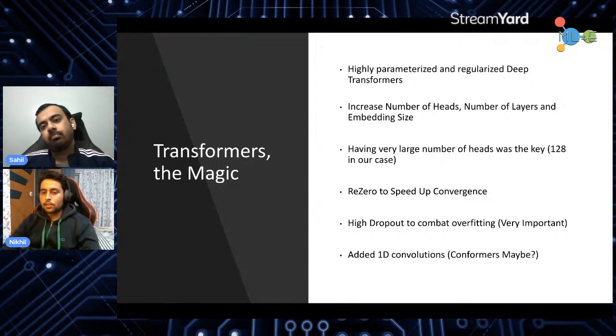So I'll quickly talk about the main components of our transformers. Our transformers were highly parameterized and regularized deep transformers. Highly parameterized means it had a large number of parameters.